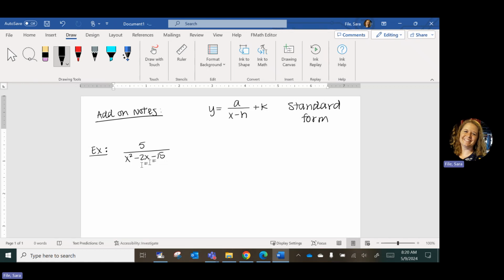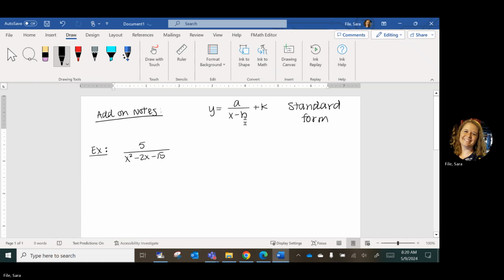But you don't have to have a graph to answer this. In all of the ones we were working with in standard form, remember h was the break in the domain, our vertical asymptote at x equals h.